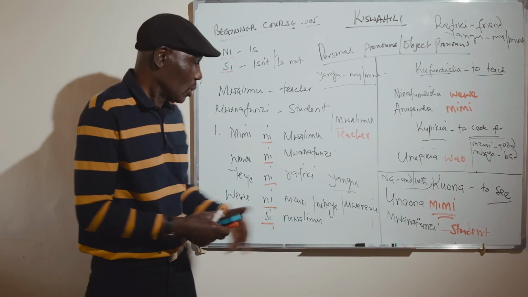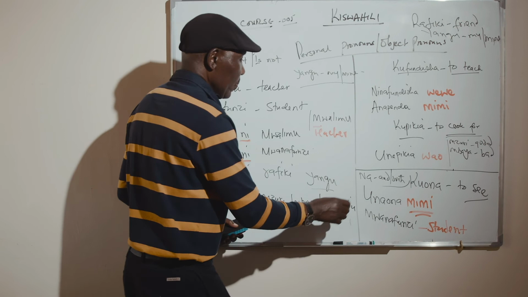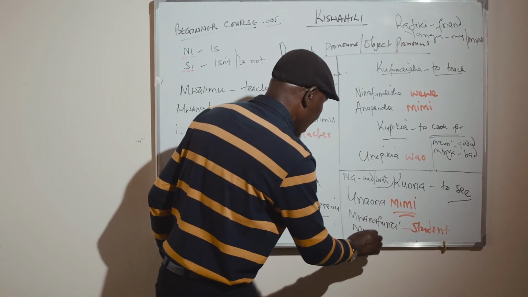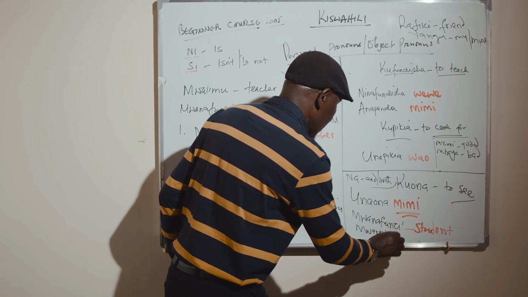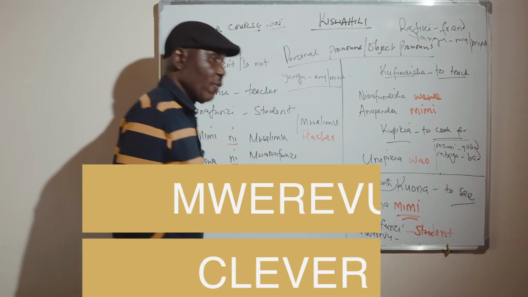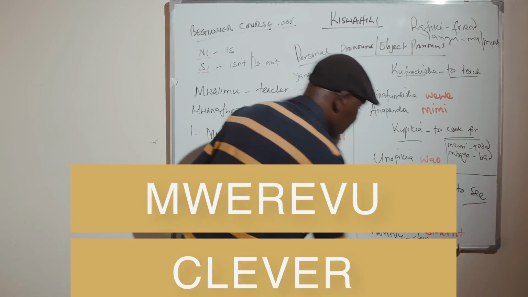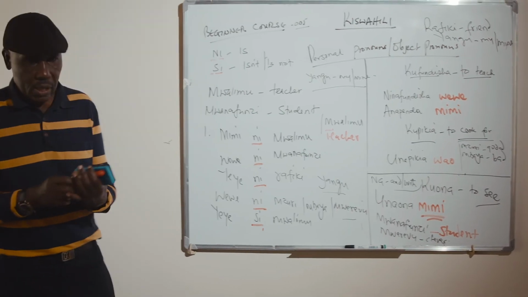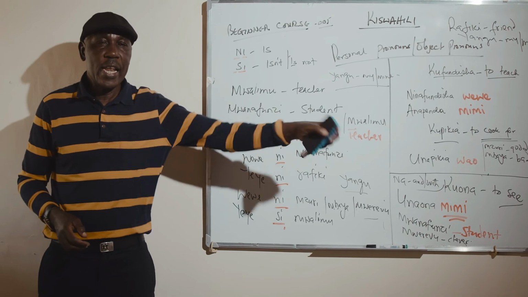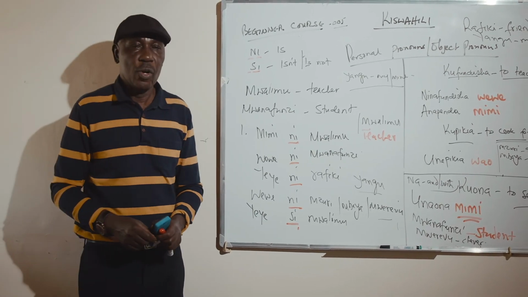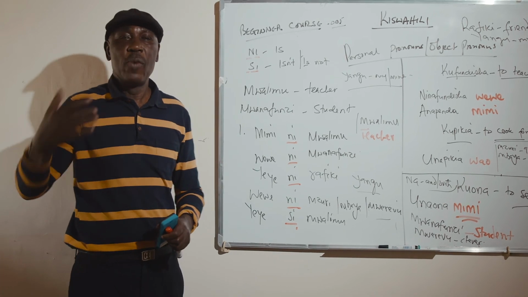Then I would also have mwerevu. Let me have this other adjective. Mwerevu. We use mwerevu to mean clever. So I would say, yeye ni mwerevu. Au wewe ni mwerevu. Au mimi ni mwerevu.